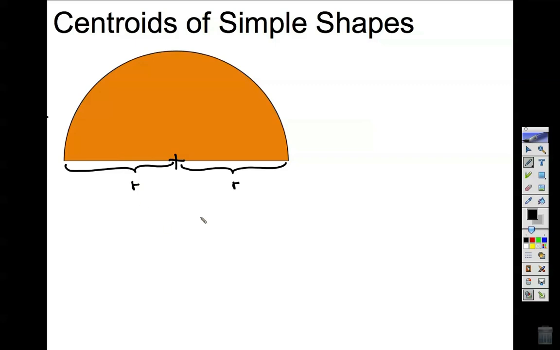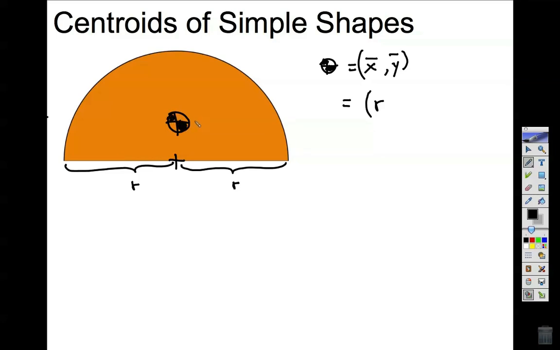This part is still the radius, right? So in this case, for this centroid, we are using r for the radius. That centroid is approximately up here.